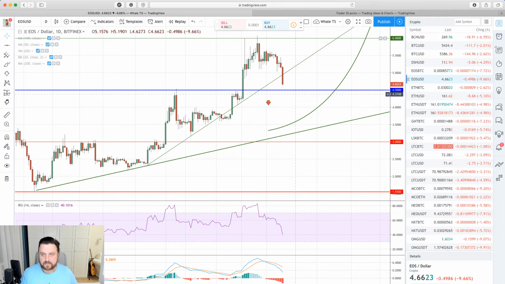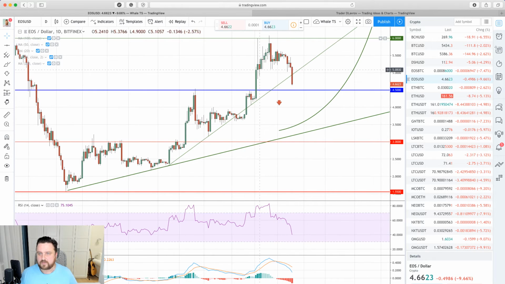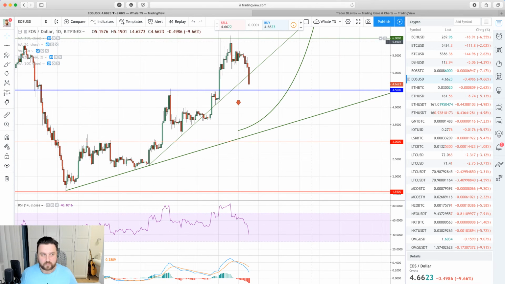Now it is a support level, so it will be the ninth time when price reached this level. So I should say the level is strong, and probably it will be a new starting point for further upward movement.